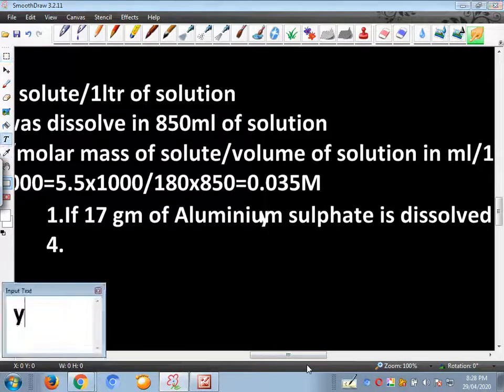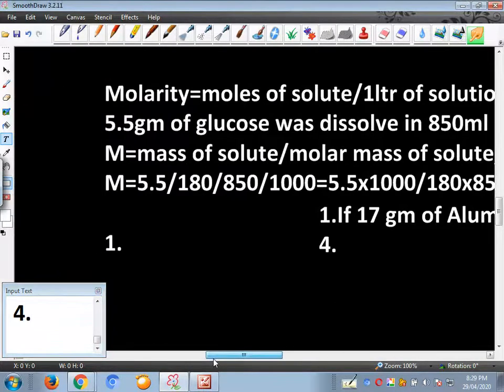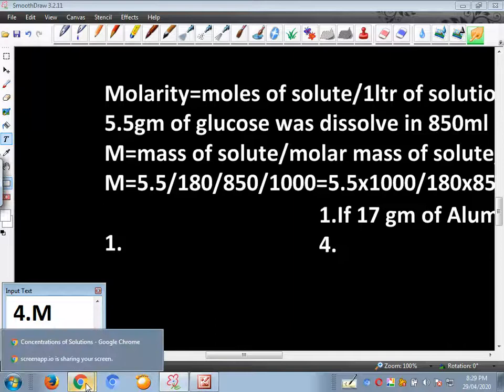So students, just concentrate. The next concept we are going to study here is molality.